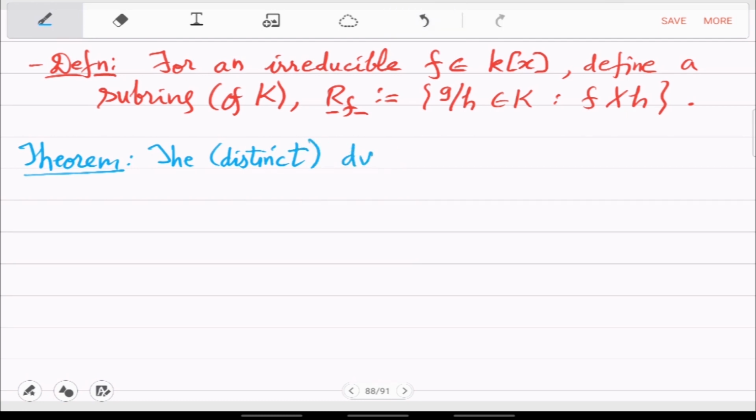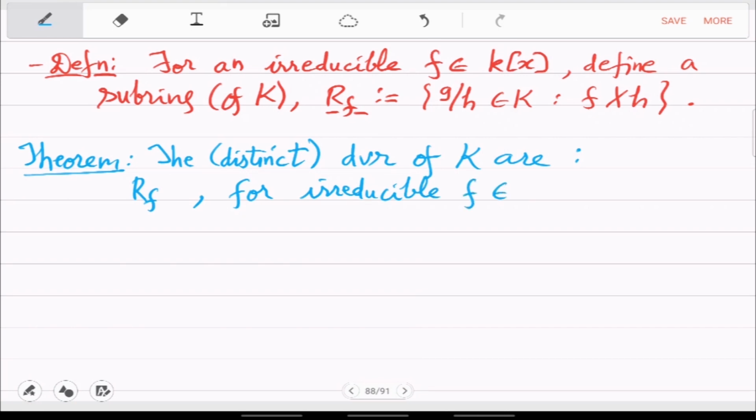So the discrete valuation rings of K are this R_f for irreducible f in K[x], and one more.